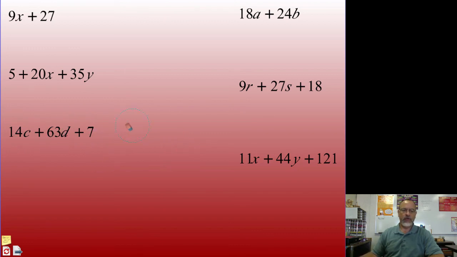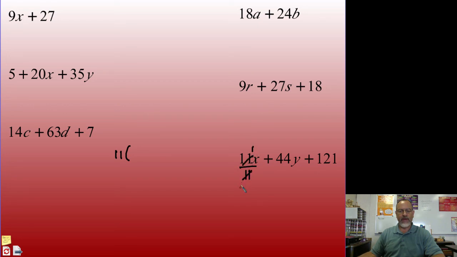All right, let's do one more. And again, some rather large numbers, but again, we're going to look at the largest or the smallest number and see if that divides evenly into the other terms, because then that will be my greatest common factor. 11 does go into 44, and 11 does go into 121, so 11 is going to be my greatest common factor, so that's what I'm going to factor out.